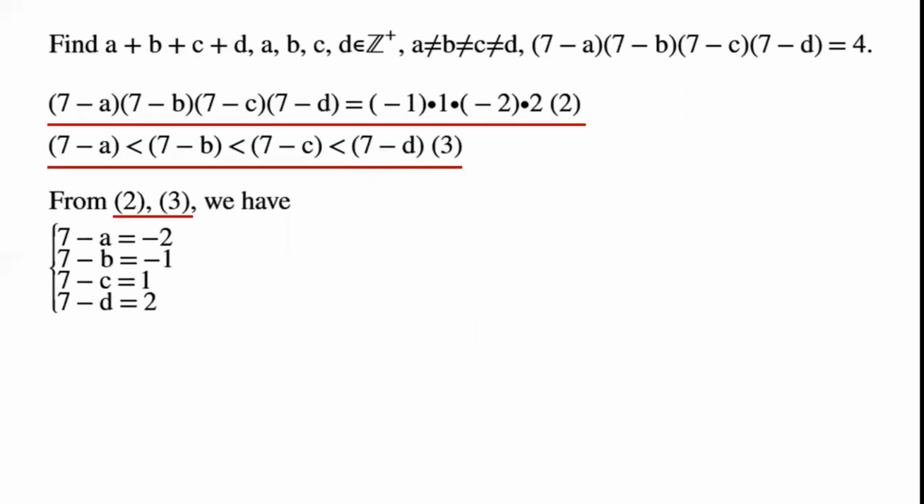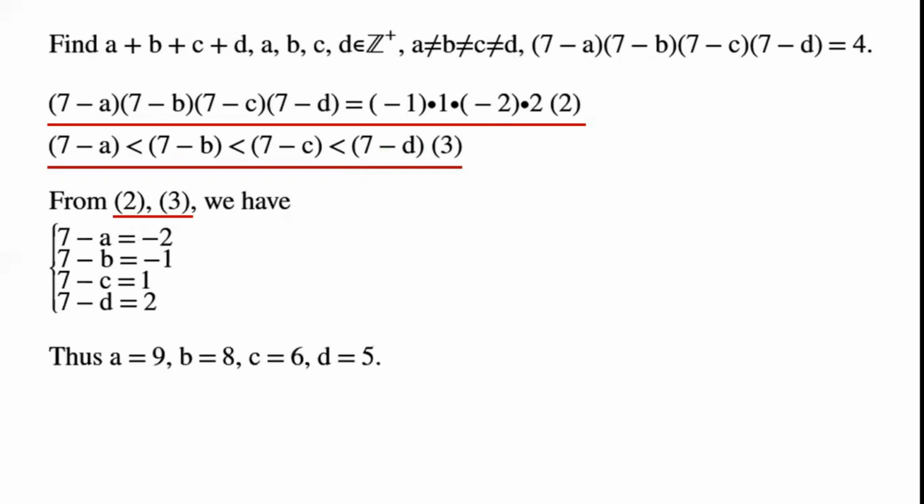From equation 2 and inequality 3, we have 7 − a = −2, 7 − b = −1, 7 − c = 1, 7 − d = 2.